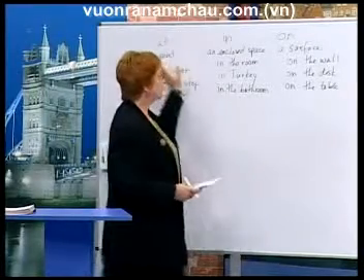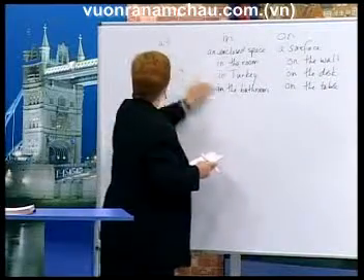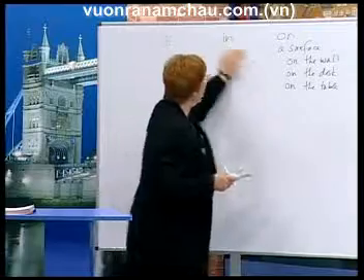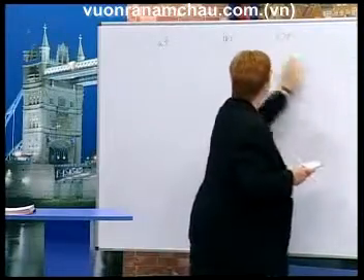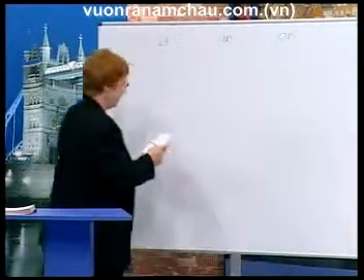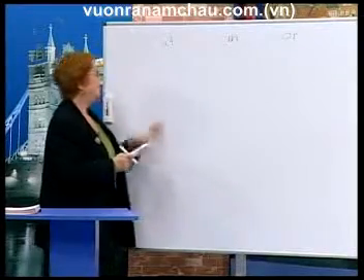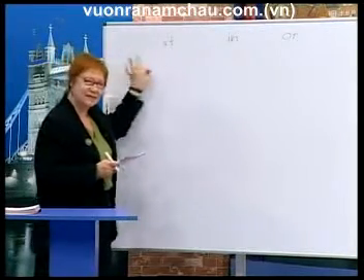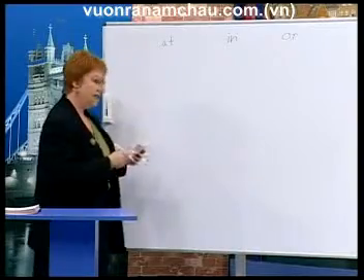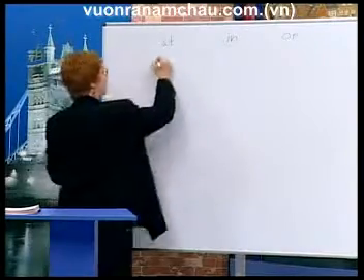Now, we use these with transportation words. Okay, now, let's show you some examples that are more specific. Okay, now remember, at is a specific place. So here's some examples.